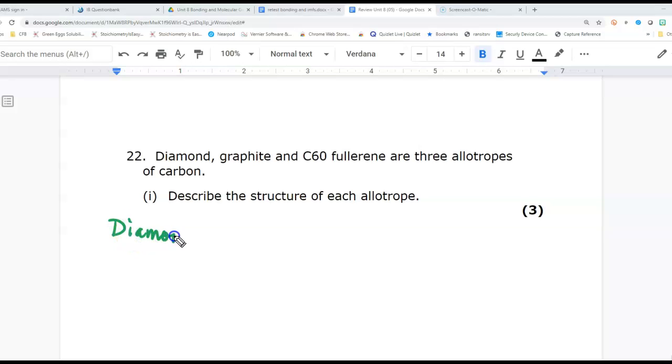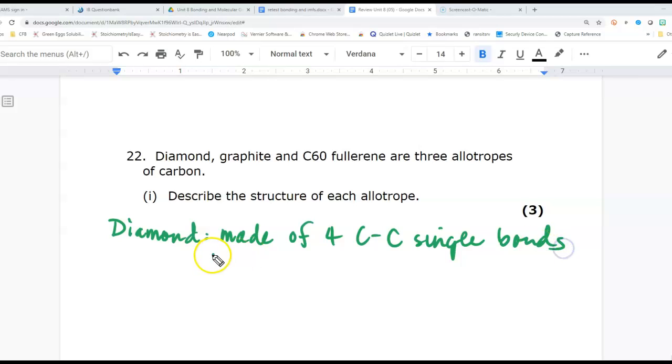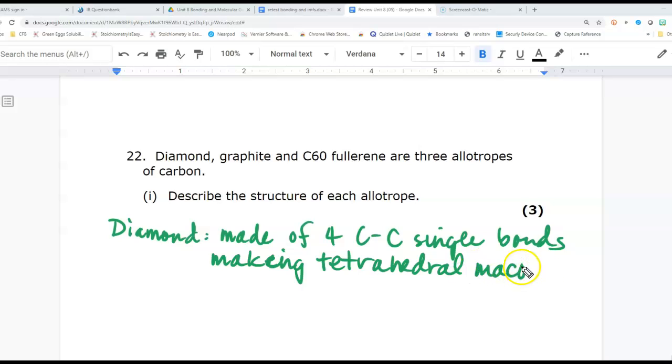So diamond would be made of 4 carbon to carbon single bonds, making a tetrahedral macromolecule. And that is a way for you to say that it is a very large molecule.